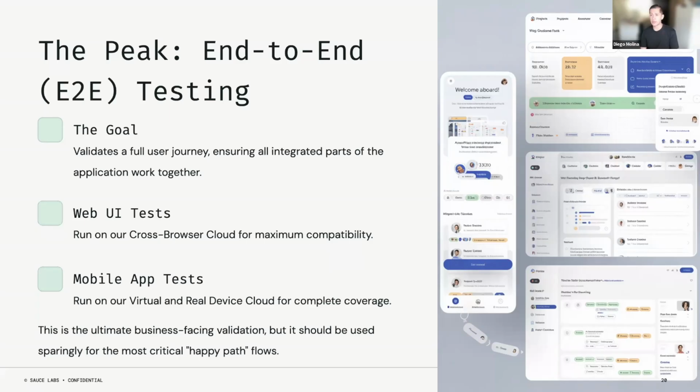The idea of this section is that end-to-end tests should be the least amount of the whole stack, but they should be covering the most important user workflows that you have in your business cases, in your web applications or your mobile applications. This means that you don't need to have 200, 300, 500 tests to verify that everything is working.